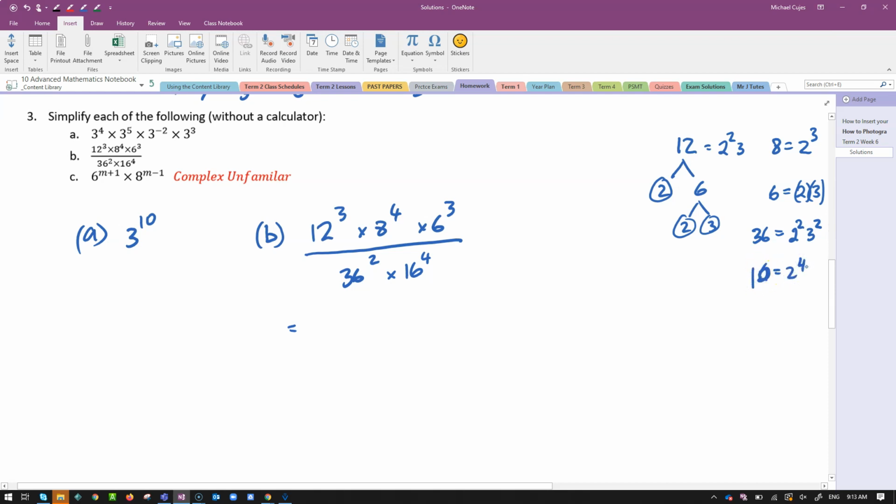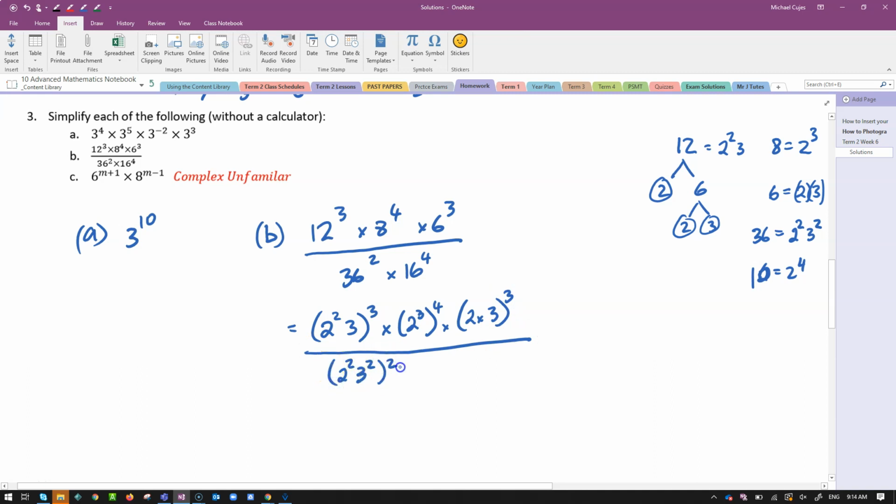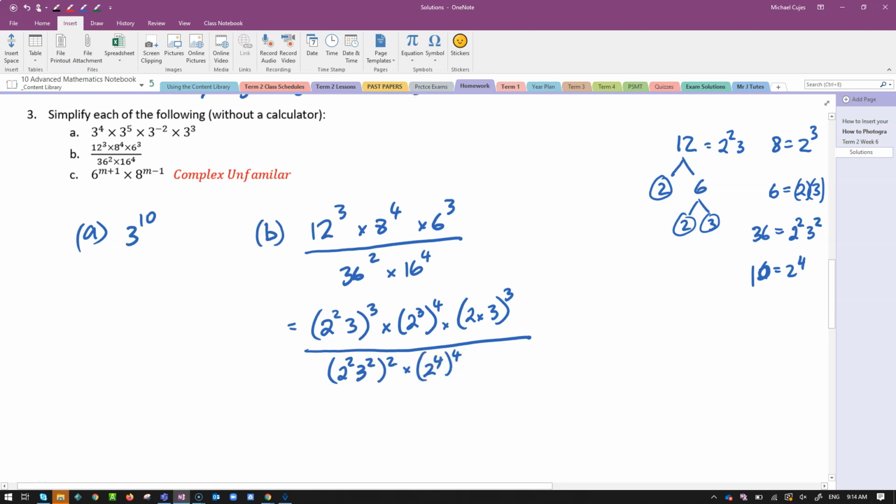So I can rewrite all of these numbers in terms of their prime factors. So I'm going to have 2 squared times 3 instead of 12, all to the power of 3. 8 is 2 to the power of 3, all to the power of 4. 6 is 2 times 3, all to the power of 3. 2 to the power of 4, all to the power of 4.